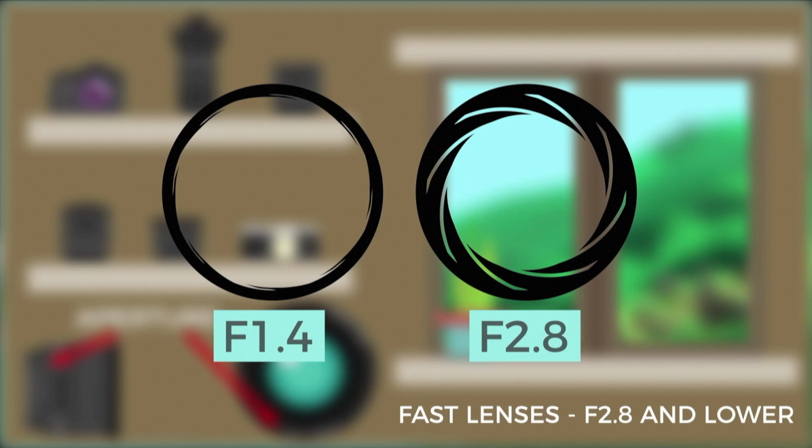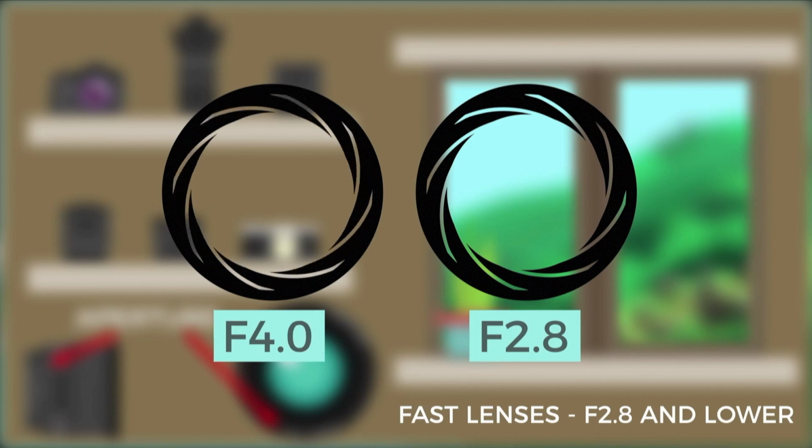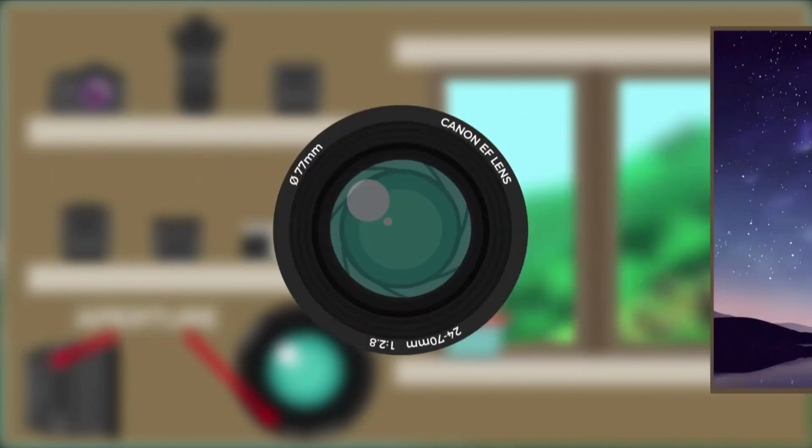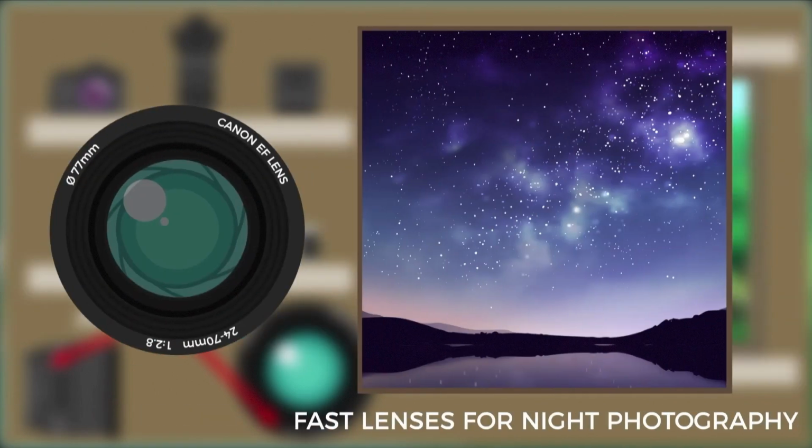Lenses with apertures of 1.4 or 2.8 are considered very fast lenses. A lens with a maximum aperture of f4 or f5.6 is not very fast. That's the reason that night photography usually uses very fast lenses like f1.4.